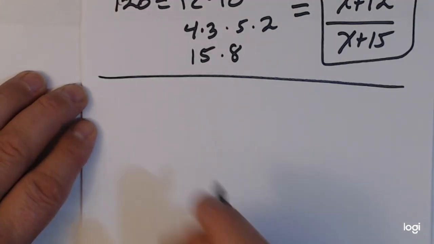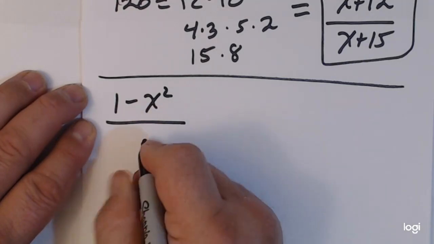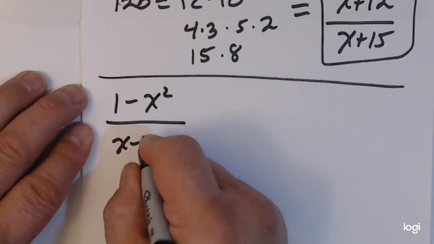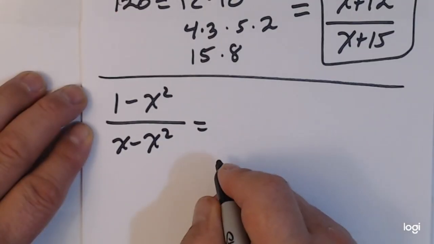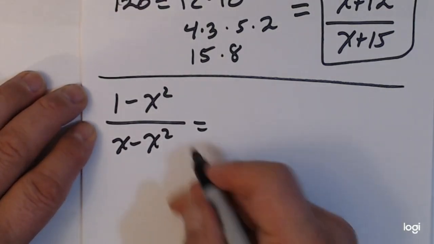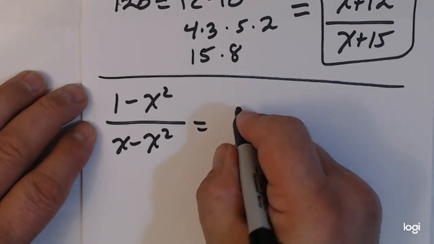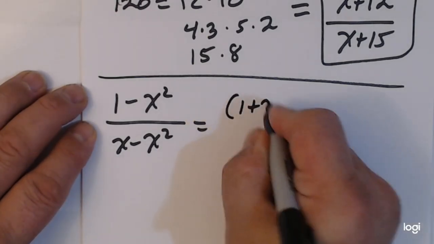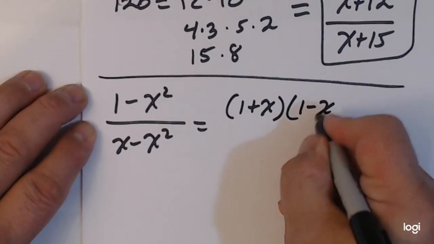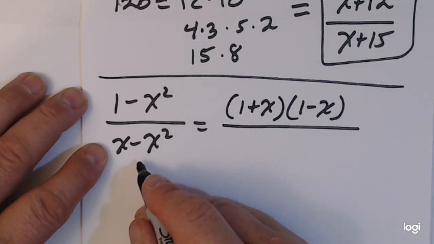All right. How about this one? 1 minus x squared over x minus x squared. So in the numerator, we've got the difference between squares. So we have 1 plus x and 1 minus x. And in the denominator, we're going to factor out an x.